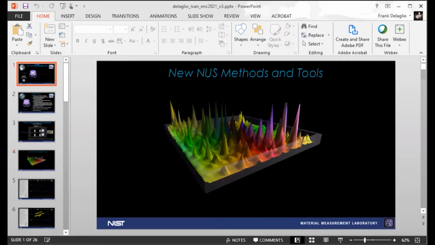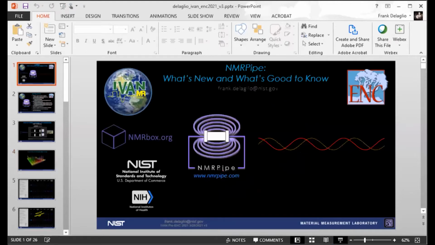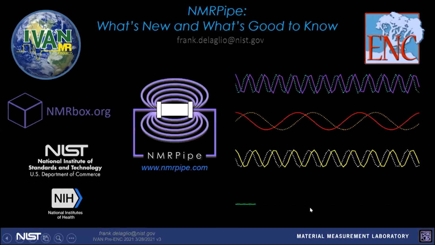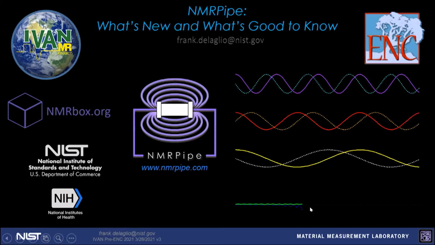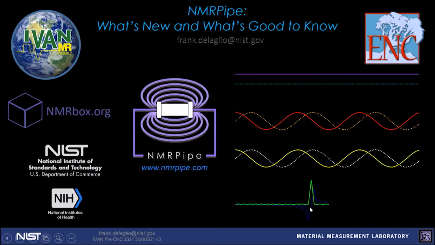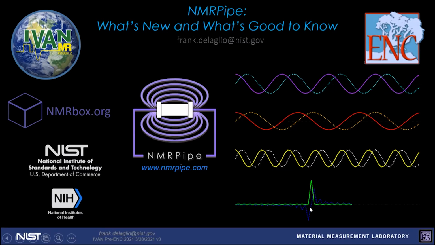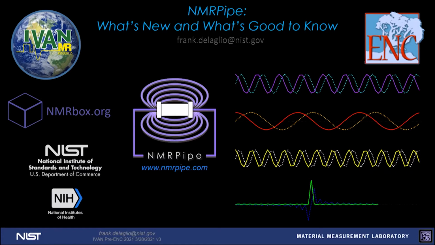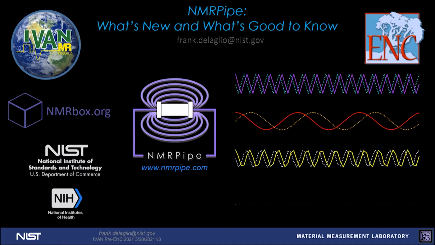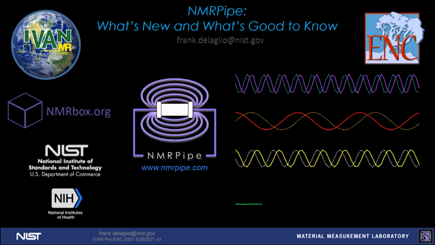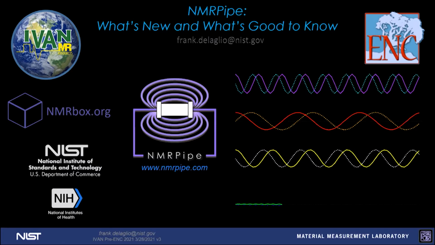All right, let's get things in motion here. Very good. So today what I'd like to do is review some things that I think are interesting to know and think about, and also talk about a few interesting and new features that we've added to NMRPipe over the last year or two.